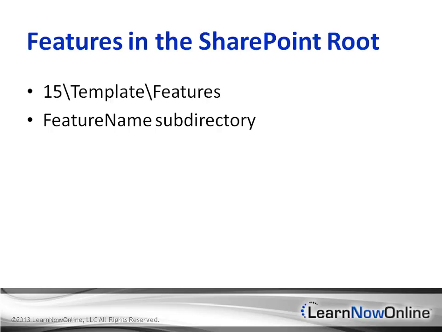And each one of those is going to have its own feature.xml file. It has to be named feature.xml, otherwise this won't work. So this is kind of like convention over configuration, I guess you would say. When you go to activate a feature, it's going to look for the name of the feature, find that folder, and then look for the feature.xml file.